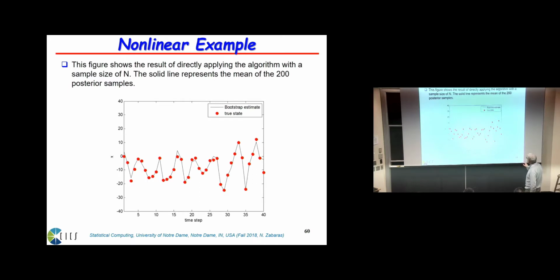You get something that looks like that. It actually doesn't look as bad. All right? You are missing a few points here and there. These are the true states, but it doesn't look very bad. Okay? And there are 200 posterior samples that you use here, and I will assume this is the posterior mean that you get that looks like that.